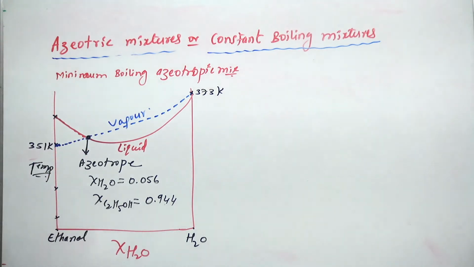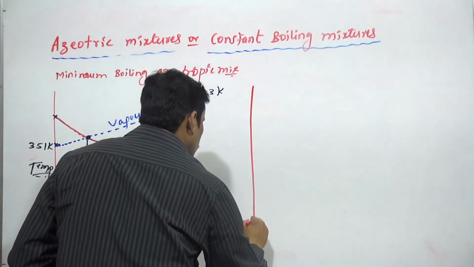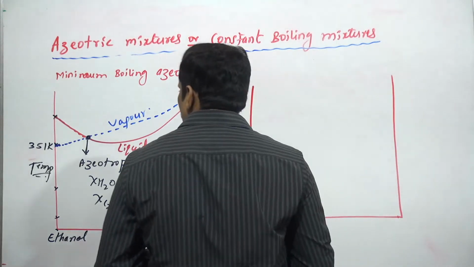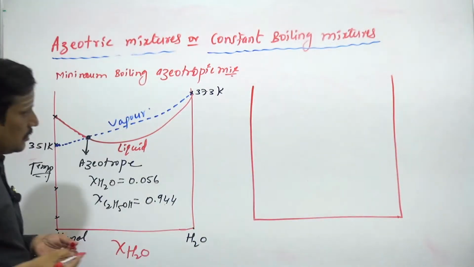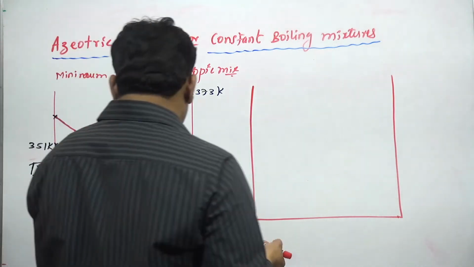Another graph, I will explain together. Again, for liquid, the solution shows negative deviation from Raoult's law, a maximum boiling azeotropic mixture.